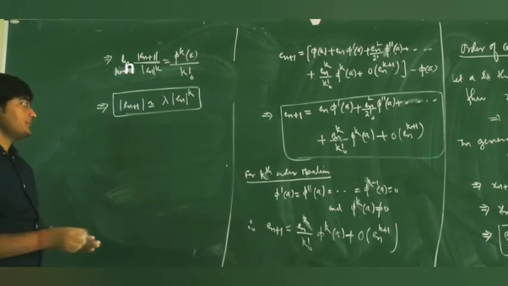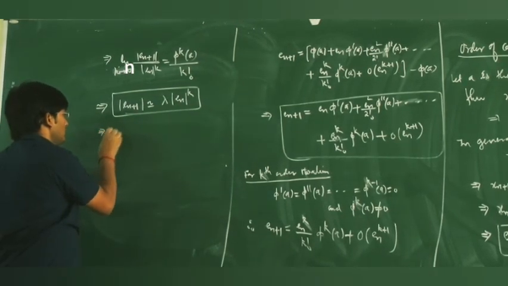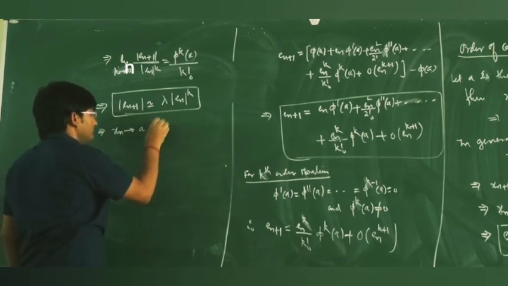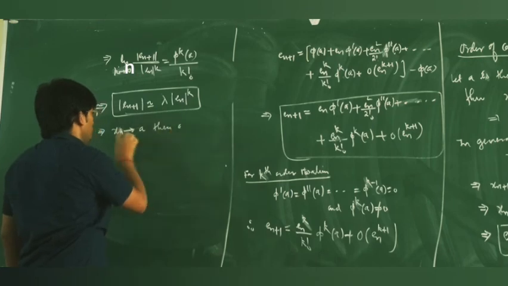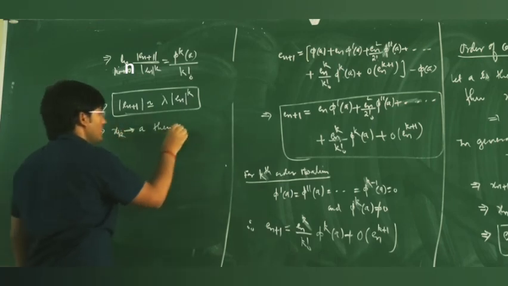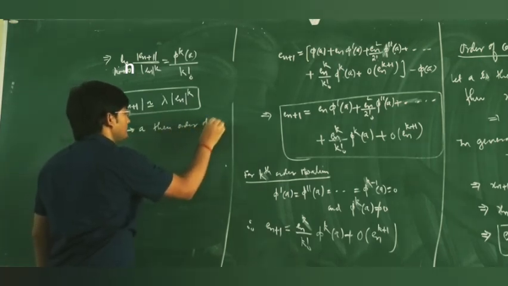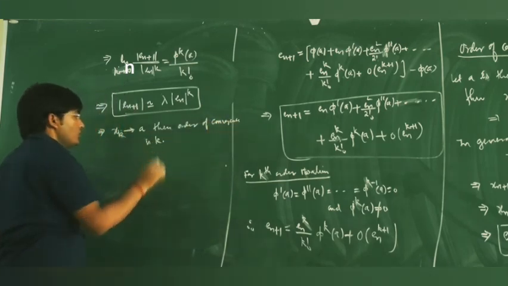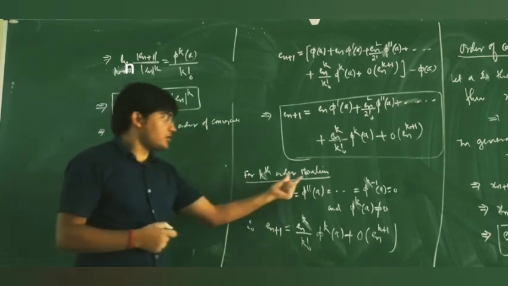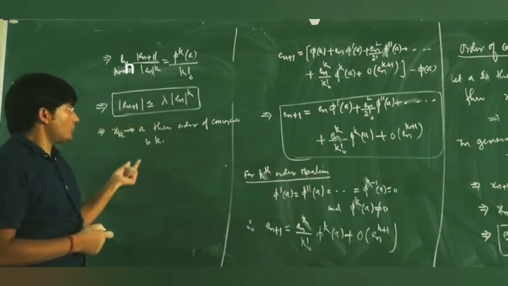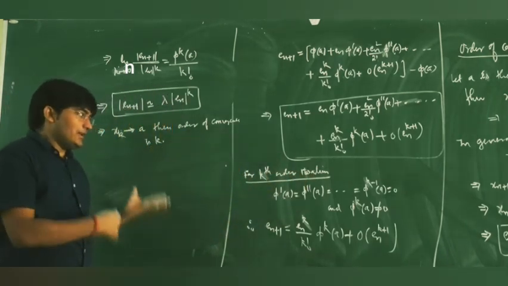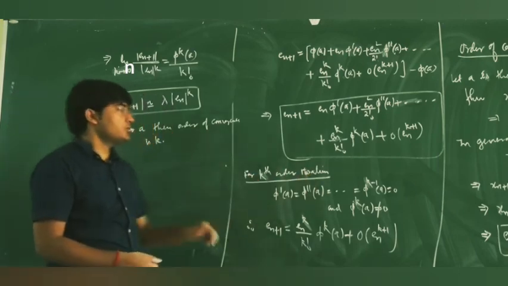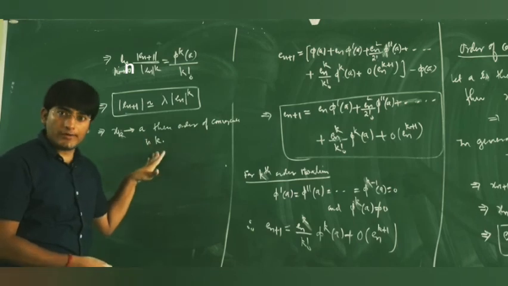So that means, if x_n converges to a, then the order of convergence is k. So for the kth order iteration, the order of convergence is k. Similarly, if you put k equal to 1, then for the first order iteration, the order of convergence will be equal to 1.